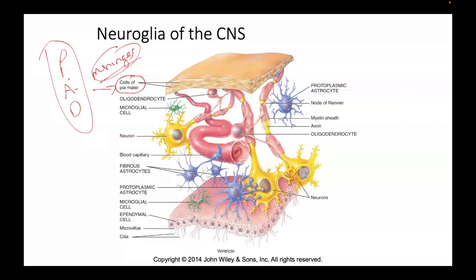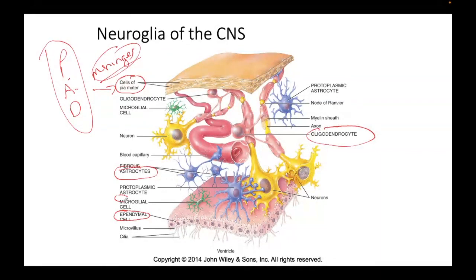Down at the other end, down here at the bottom, we have ependymal cells. Okay, that's a type of neuroglial cell. We have astrocytes. That's a neuroglial cell. We have oligodendrocytes here.